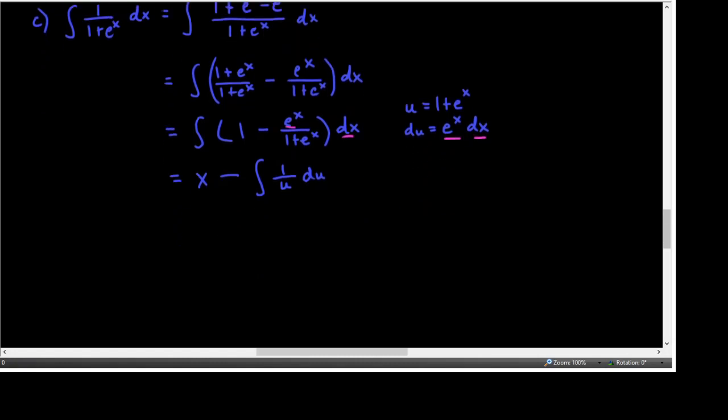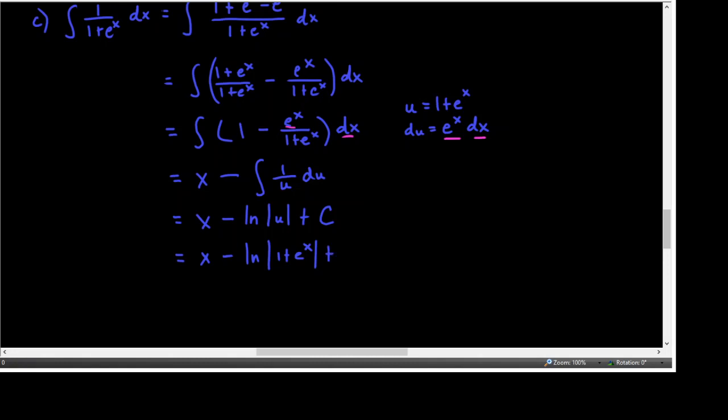Okay, so x minus the integral of 1 over u du is natural log of the absolute value of u plus c. And then going back to our original variable, that'll be x minus the ln of the absolute value of 1 plus e to the x.